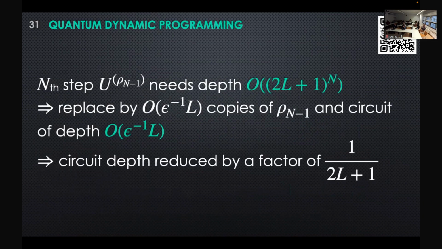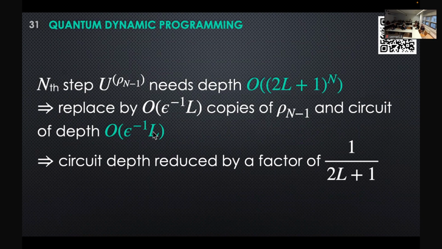So our idea is basically replacing the last step, U of rho n minus 1, which with the unfolding requires the circuit of depth (1/ε² + 1) to the power of n.